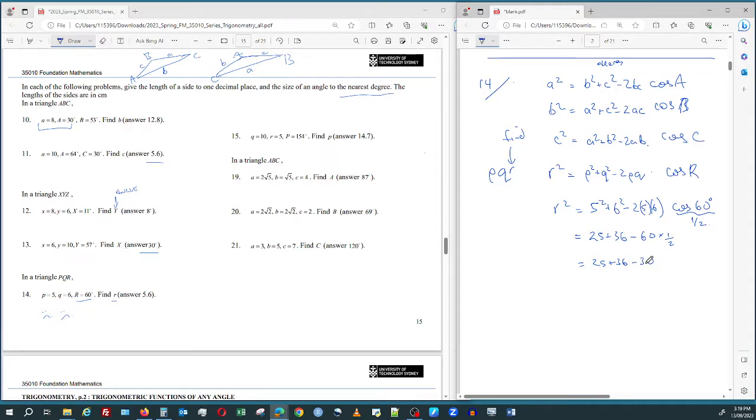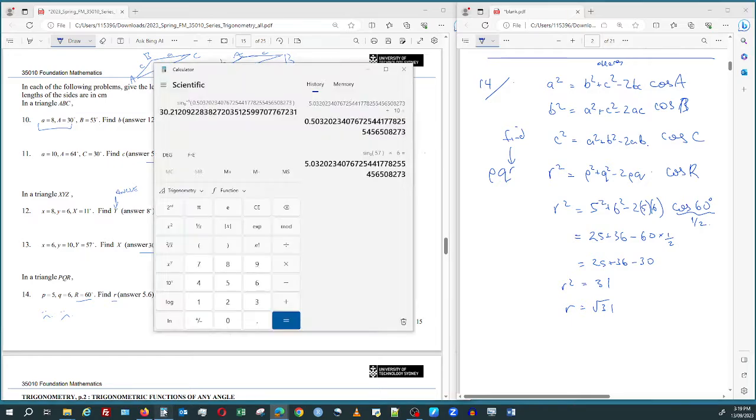So 36 minus 30, 25 plus 6, should be 31. So if r squared is 31, r is the square root of 31.